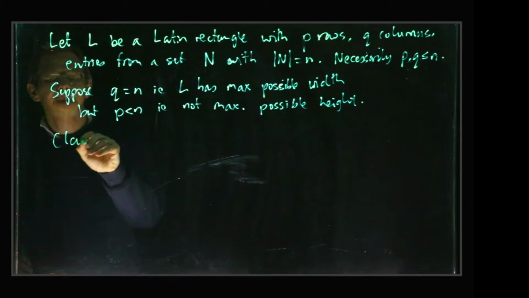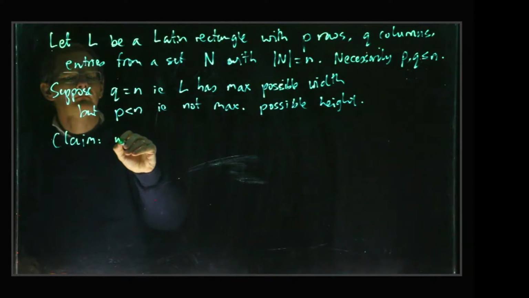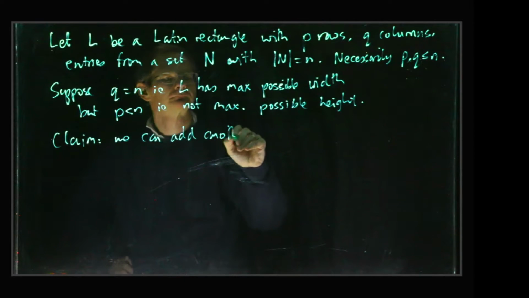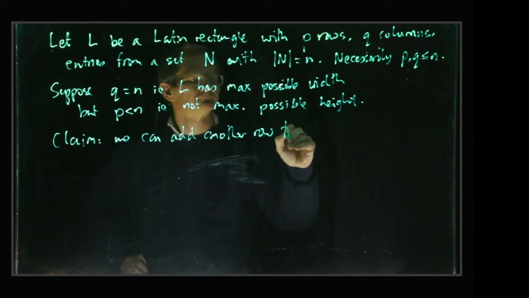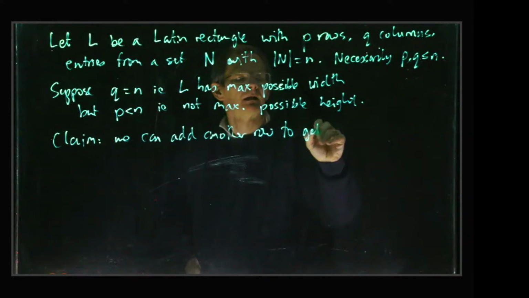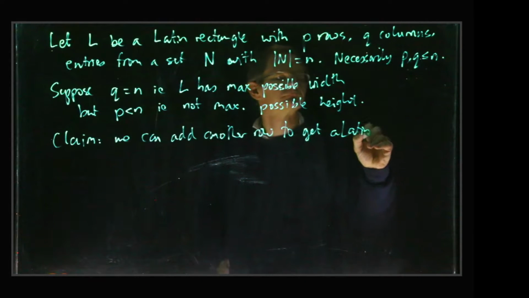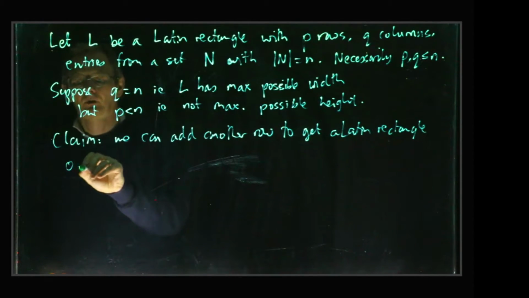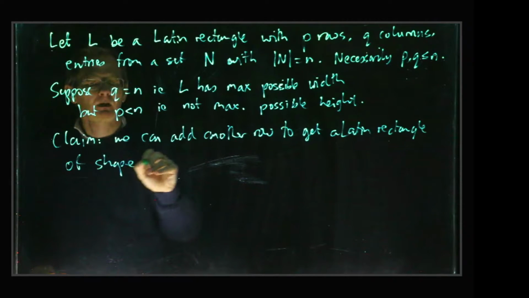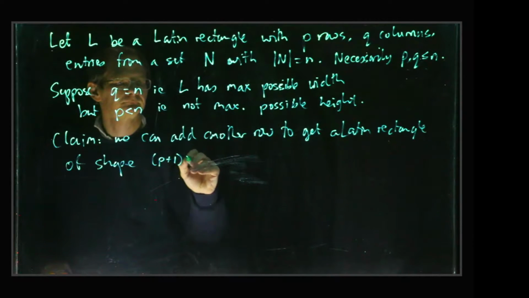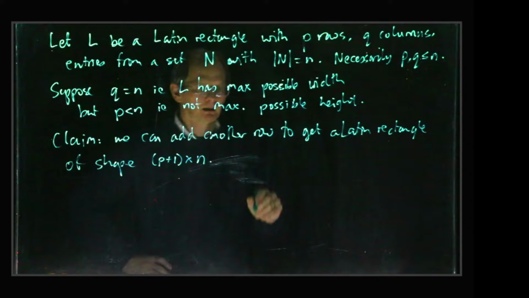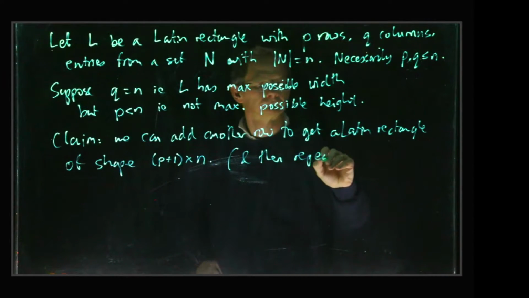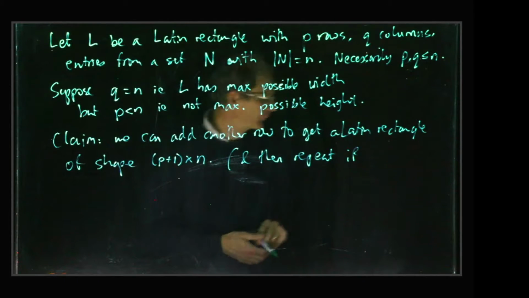So the claim is that we can add another row to get a Latin rectangle of shape P plus 1 by n. And if we can do that once, then of course we can just do it again.